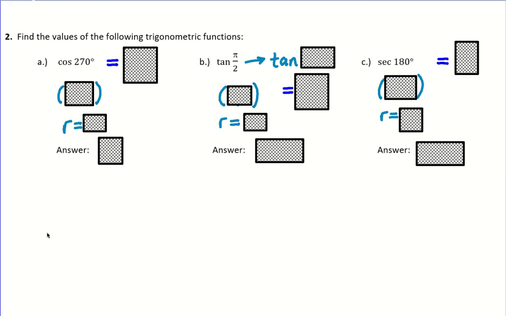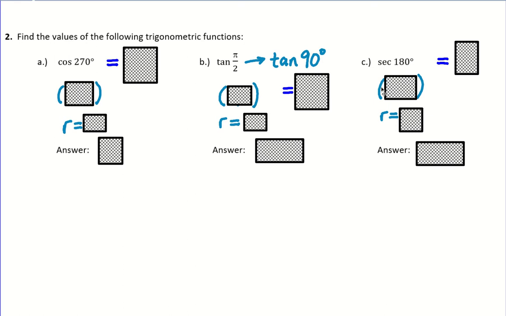Number 2 wants us to just evaluate these 3 problems. For angles such as 270, 90, and 180, these are really, really nice angles. Remember, they're called the quadrantal angles?